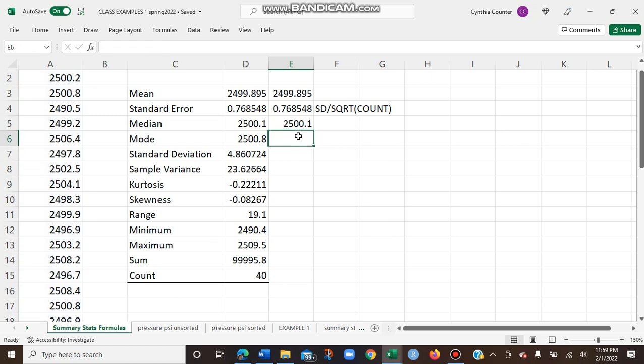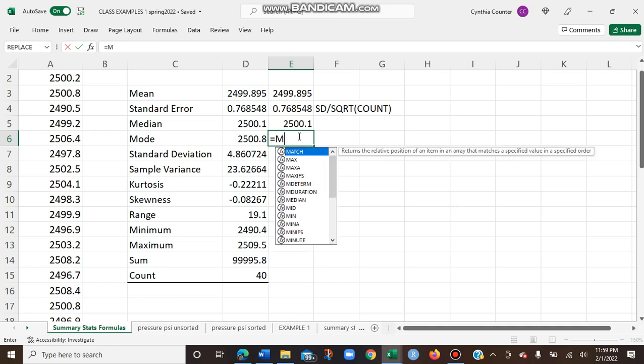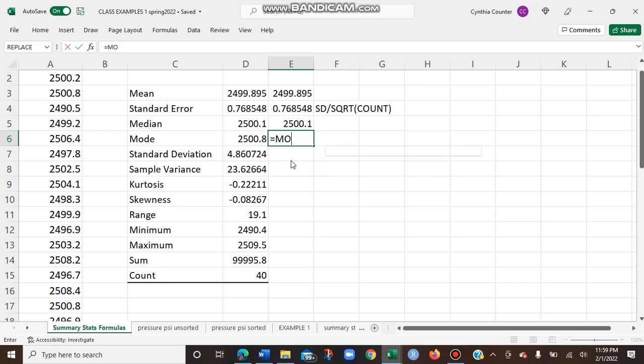Now the mode may or may not exist, and it may or may not be unique. Here we see the mode does exist, 2500.8, and it does turn out that this is the only mode for the data set. So if you wanted to find a single mode, you start typing mode, and notice there are two mode functions.